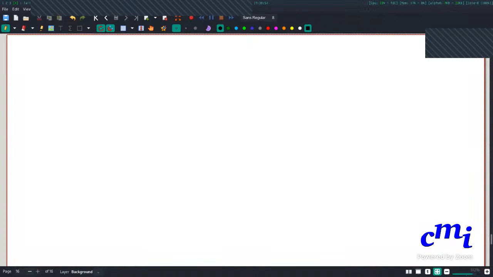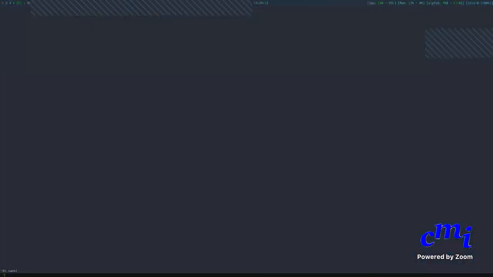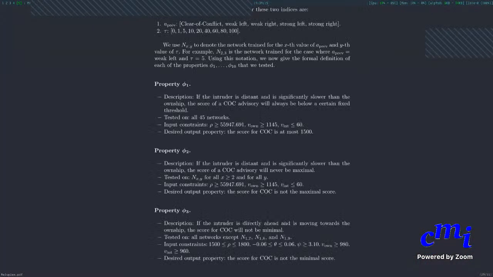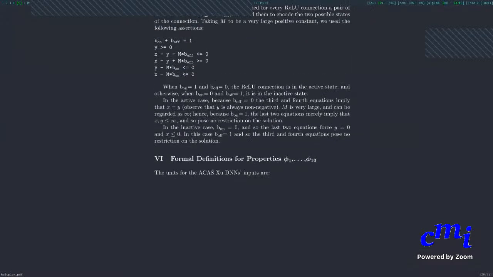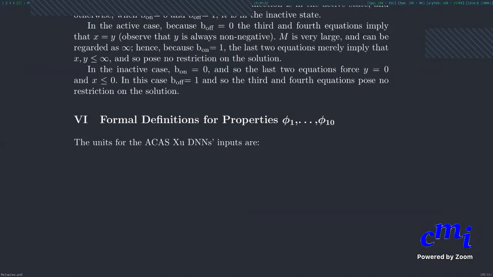First, read this particular appendix in the Reluplex paper. The Reluplex paper has appendix 6, which talks about the properties.